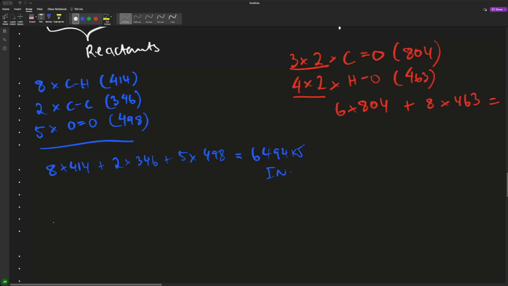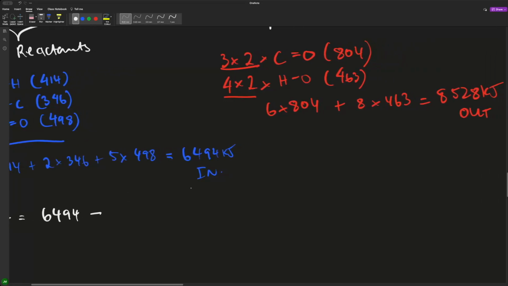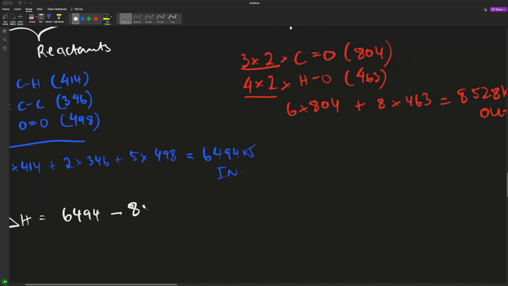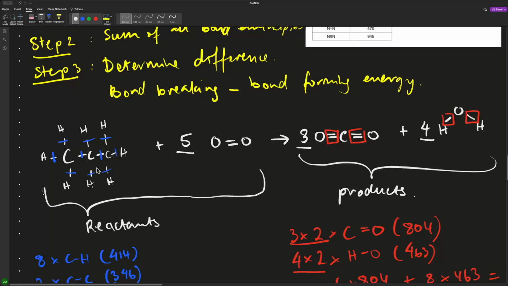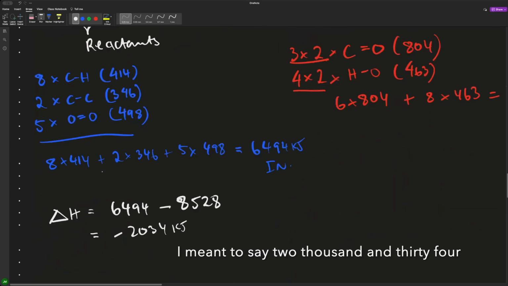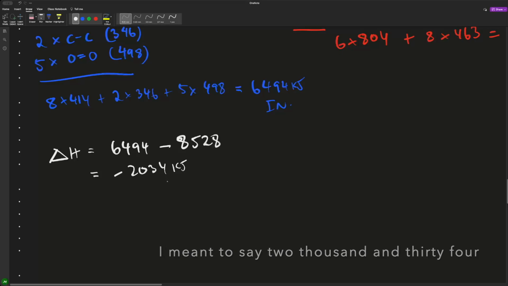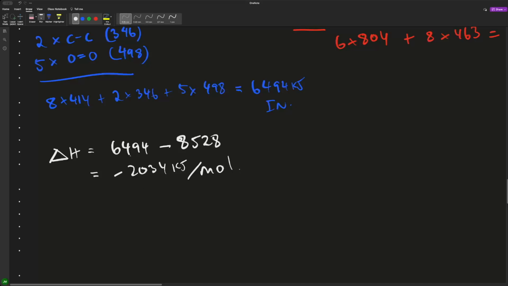Now what's our delta H? Delta H is equal to our energy in, 6494, minus the energy out, 8528, and that should equal 2034 kilojoules. So that means for every mole of C3H8 that is combusted, we will release a total of 2,034 kilojoules of energy per mole. Yep, so per mole. That's our delta H.